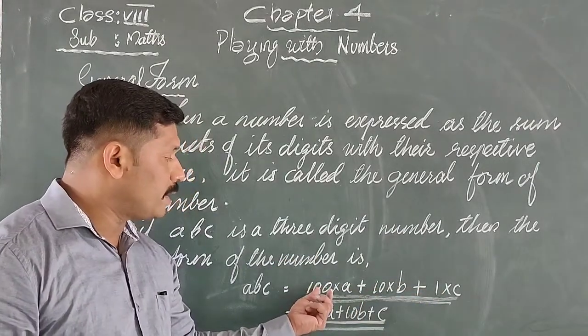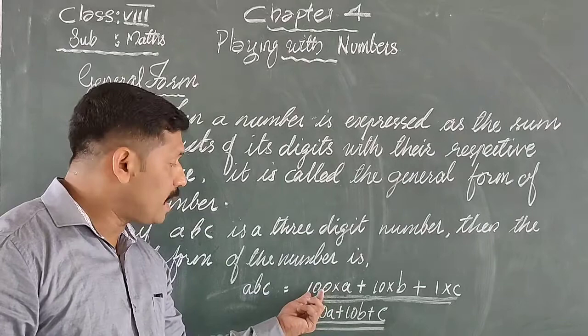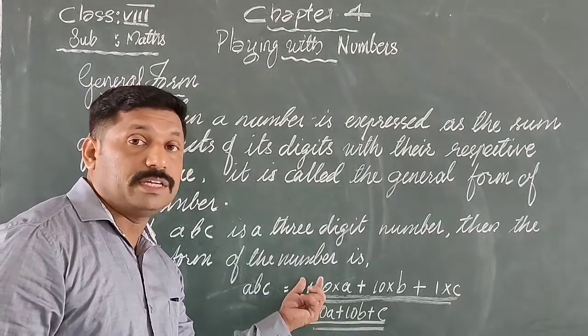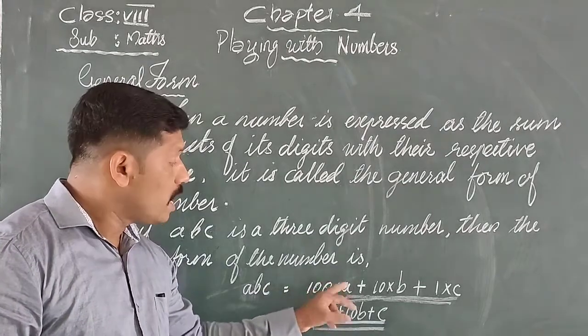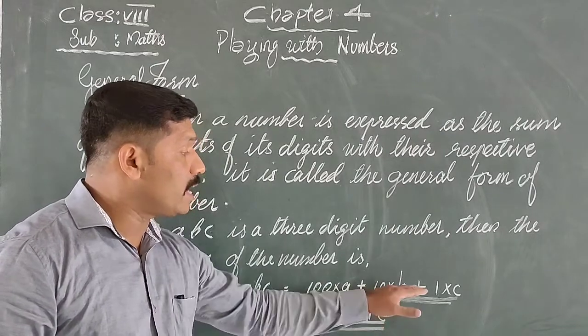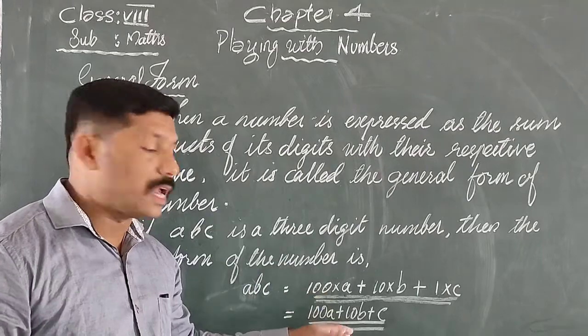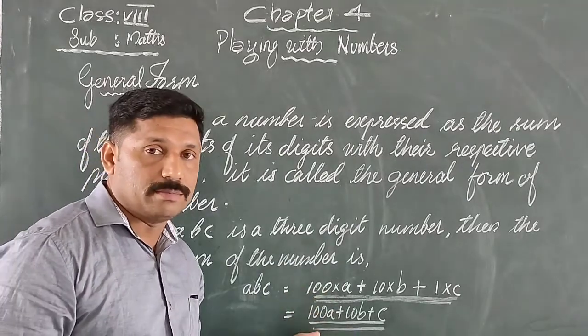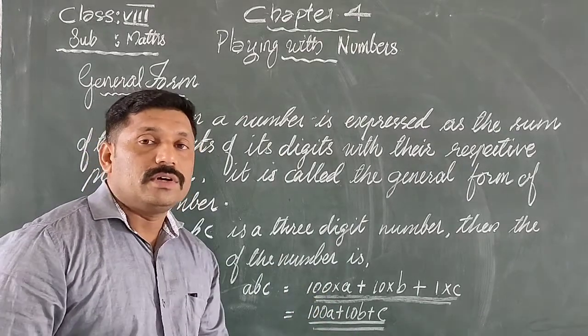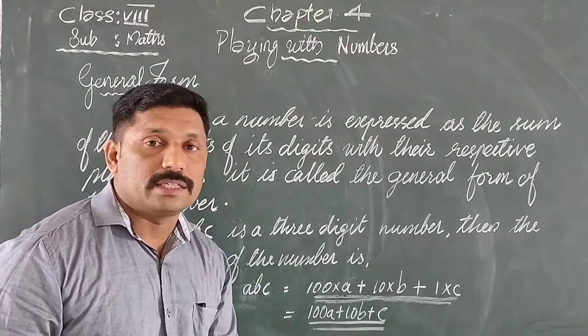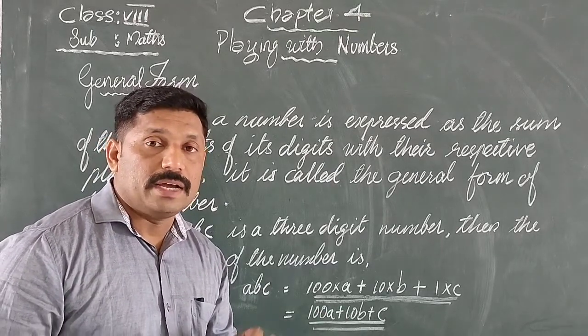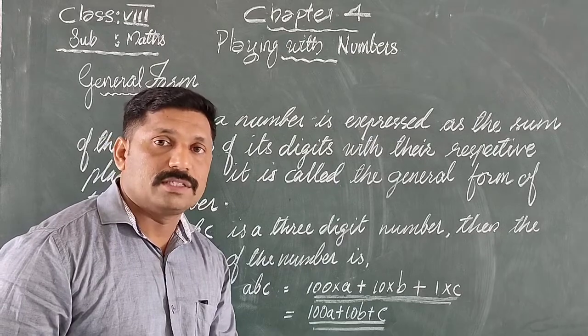If we add these, that form is called the generalized form of the number. In the smaller classes you studied this as the expanded form of numbers. So we will see how to write numbers in generalized form by solving some examples.